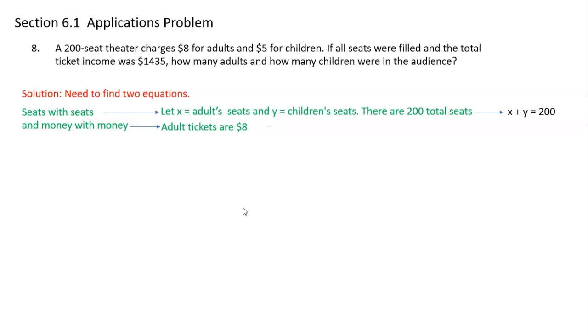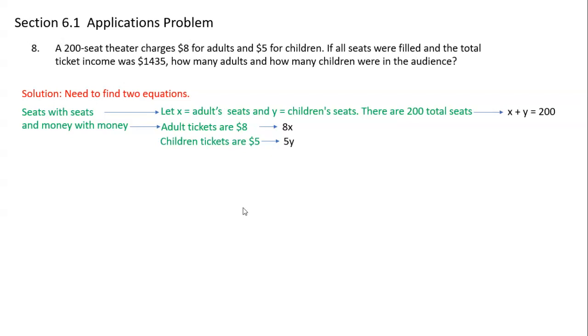Now, the money one. If x is the adults, the price for adults is $8, so as an equation that is 8 times x. Again, to get revenue, it's price times quantity. For the children, the price is $5 and we're using the variable y, so 5 times y is the revenue for the children.